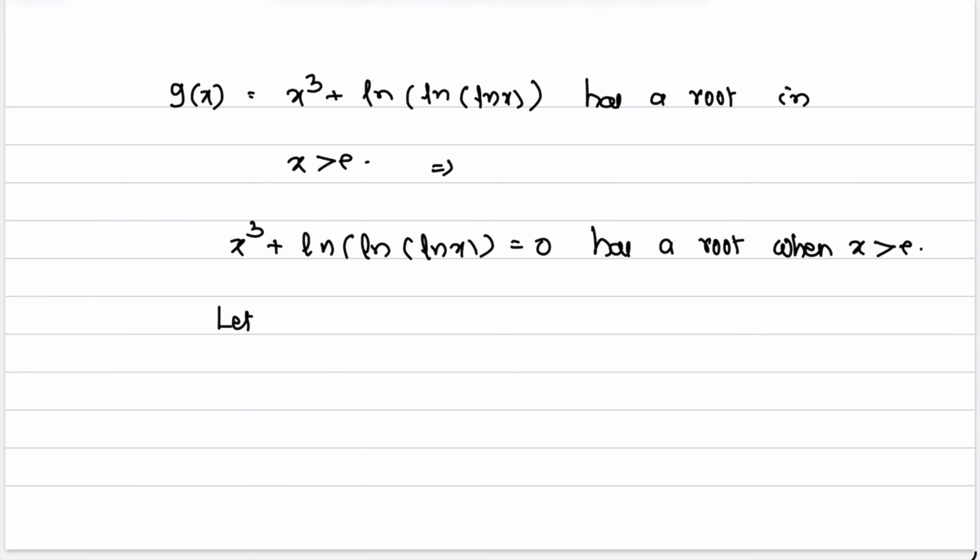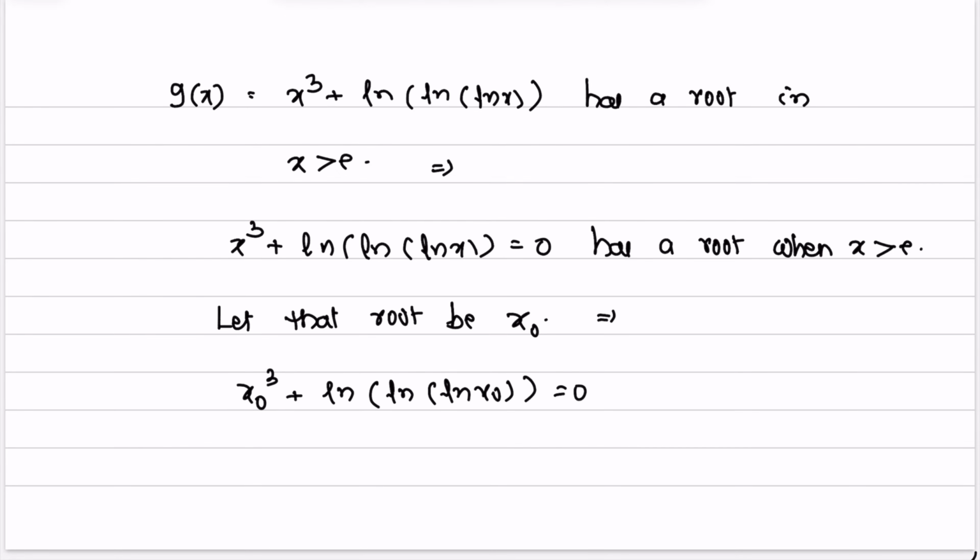Let that root be, we are not calculating the root because we are only finding the domain. Let that root be x naught. Then it implies x naught cube plus ln of ln x naught is equal to 0.